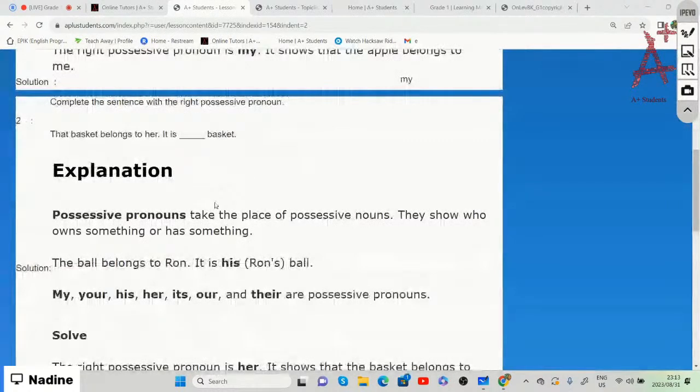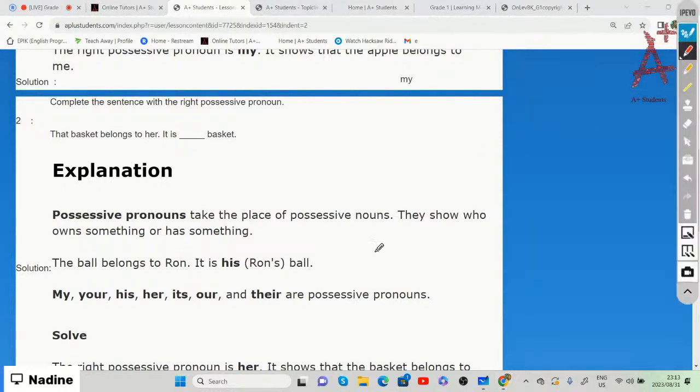So if the basket belongs to her, then we can say it is her basket. So that basket belongs to her. It is her basket, right?